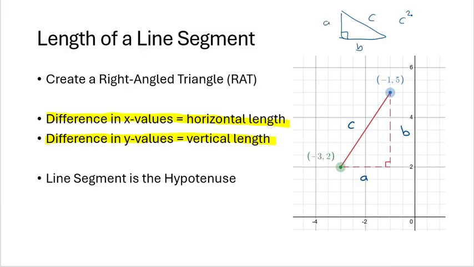If you square the longest side, it should be equivalent to adding up the squares of the smaller sides. So the line segment is the hypotenuse. Yep, that makes sense, as you can see in my diagram right there.